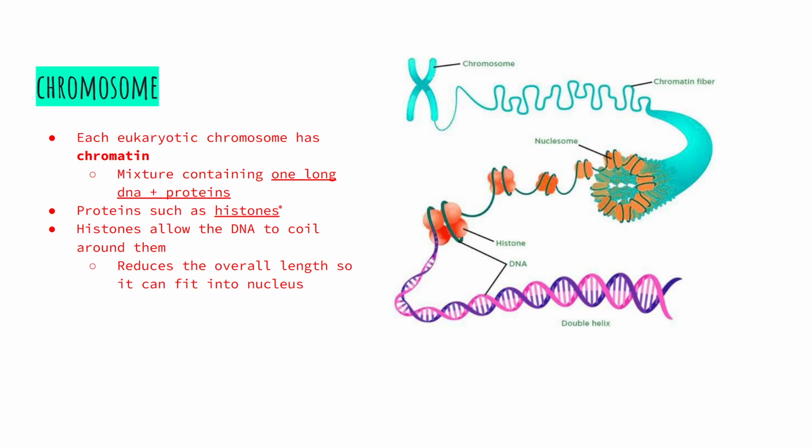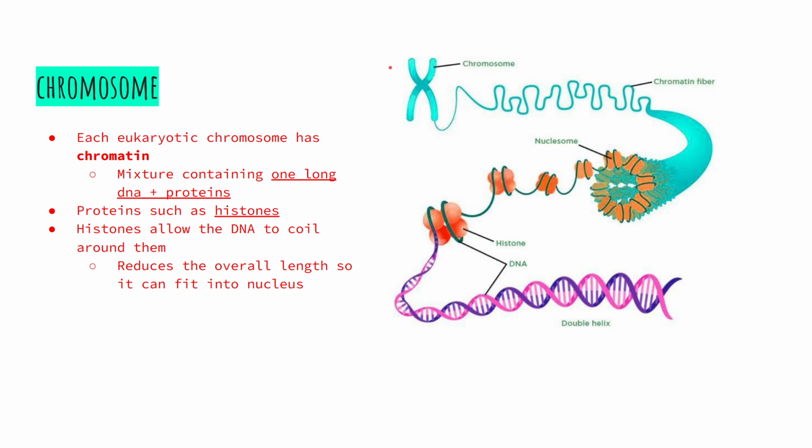All right, I've got this in red because we are specifically talking about eukaryotes. Okay, that's why the previous one was in red as well. I'm just talking about eukaryotes. So each eukaryotic chromosome has chromatin. This chromatin is slightly less condensed when it becomes unwound.